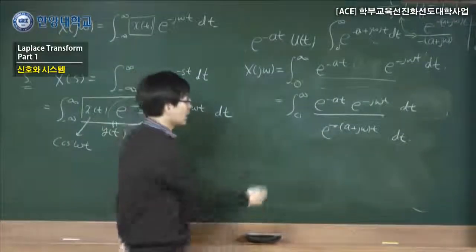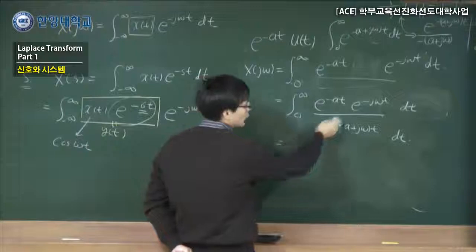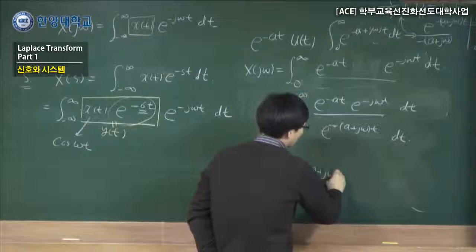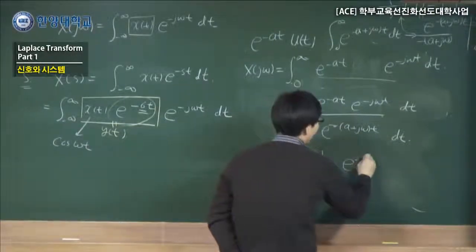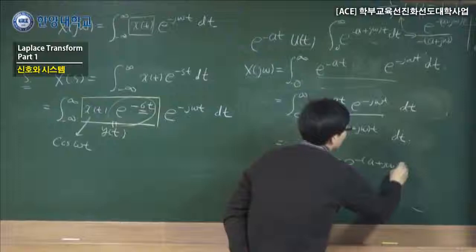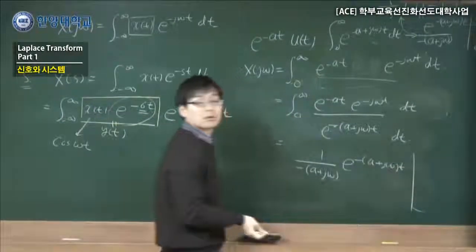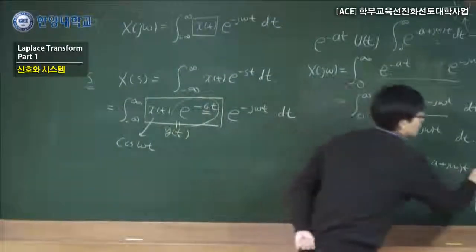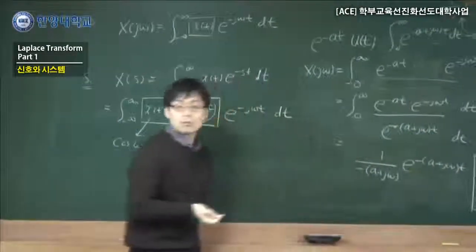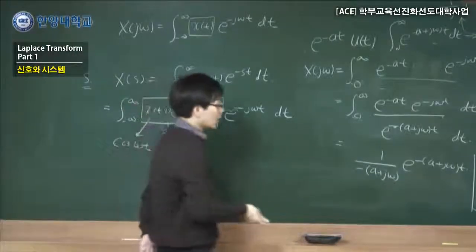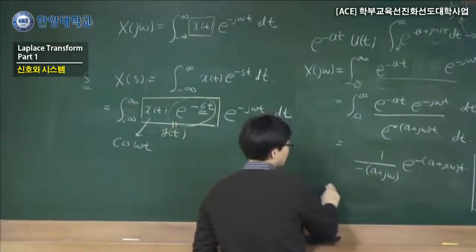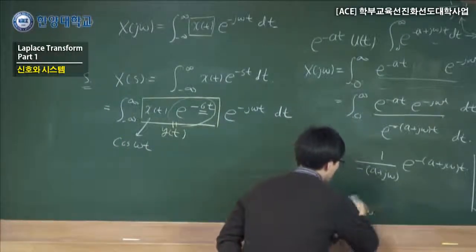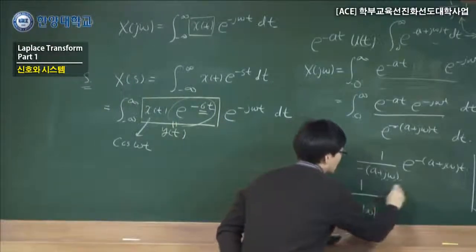When you do the integration of this, it is given by minus 1 over (a plus j omega) times e to the minus (a plus j omega) t, from 0 to infinity.